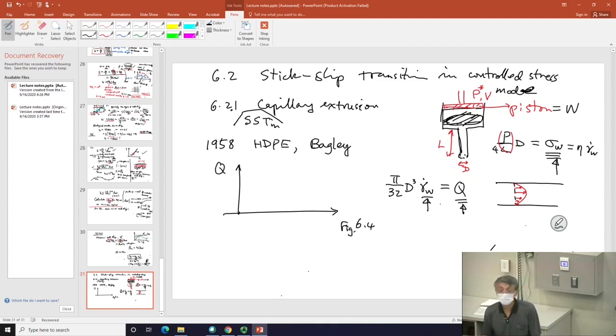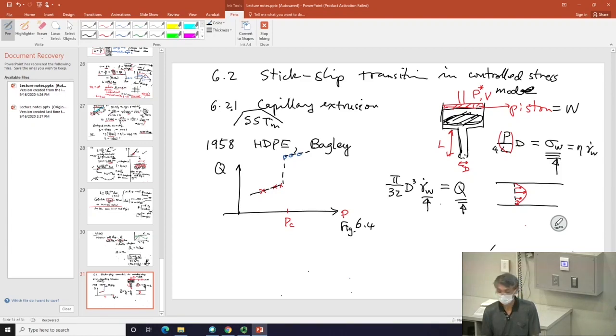So you plot that, how much material comes out at one pressure, and then you do that at another and another. So this is the pressure. And he finds that there is a critical pressure at which it jumped. It's absolutely remarkable.